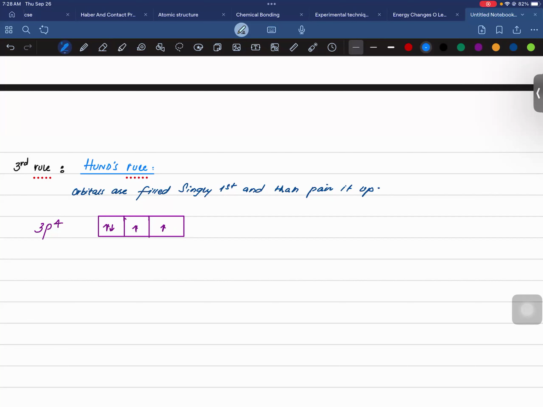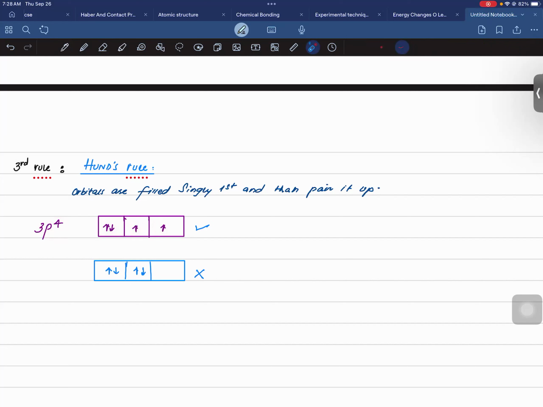Those who are thinking that we can also fill this orbital in this manner are wrong. This is wrong, this is right. Because Hund's rule says that if you are going to fill orbitals, you are supposed to fill singly, and then if you have 4 electrons, obviously more than 3, then you would be pairing it up.